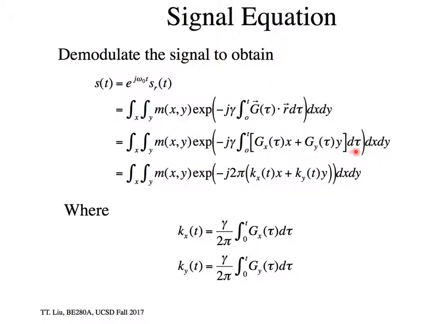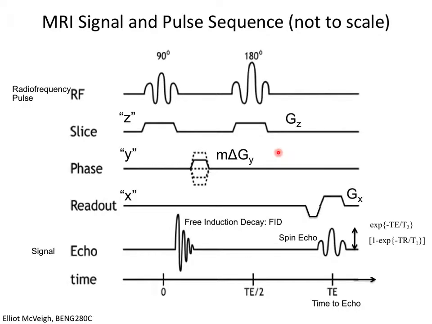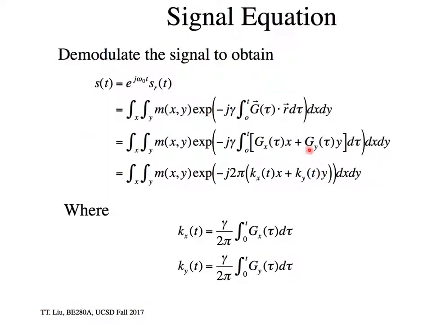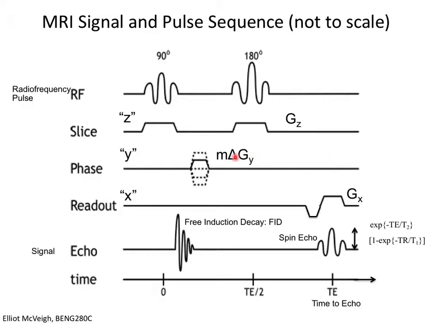The complication in here, the integral over tau, is the fact that I just integrate this evolution during the application of the gradient. And so G sub X of tau is this function back here. G sub X of tau is this guy. G sub Y of tau is the time domain function of the Y gradient, which is this guy.